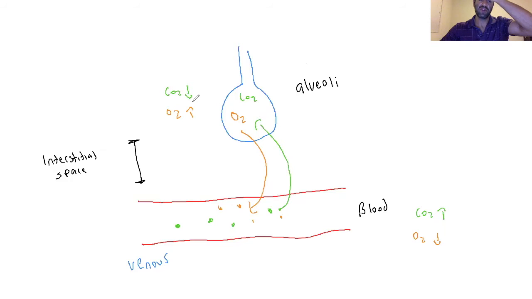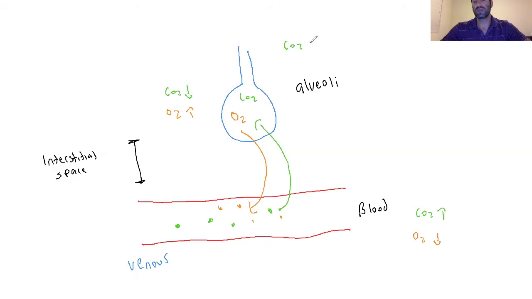Now, these two environments that I wrote down are just between the blood and the alveoli. The atmosphere is another story. Because in the atmosphere, there's very little CO2. I know we talk about climate change and things like that, but comparatively, there's very little CO2.